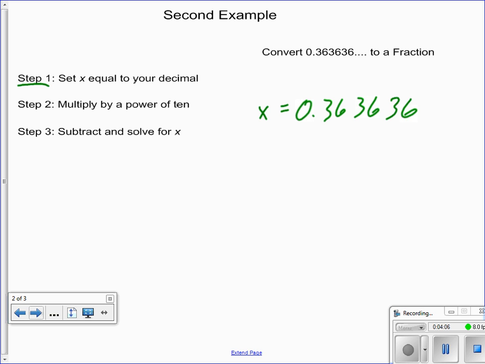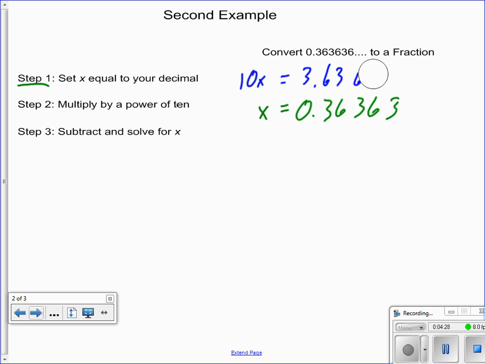If I just did 10x, I just move that decimal one spot over, I get 3.636363. When I subtract, they're not going to cancel each other out, right? Because I don't have the same numbers here. So I don't want to multiply by 10 here.